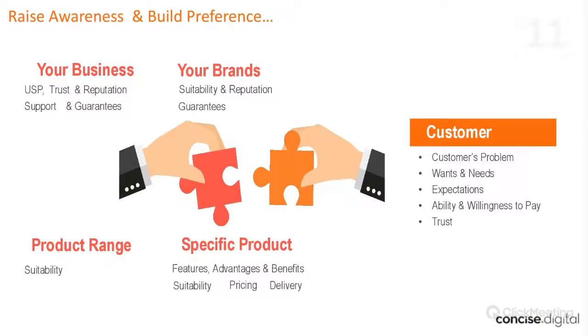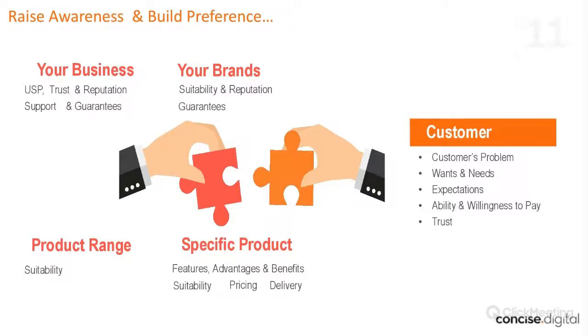When we talk about raising awareness and building preference, there are lots of factors to get into, and this all ties into SEO. This is about understanding that people need to be aware and need to build a preference for your business and the brands you handle, the products in your product range, and the specific sort of product that may meet their needs.